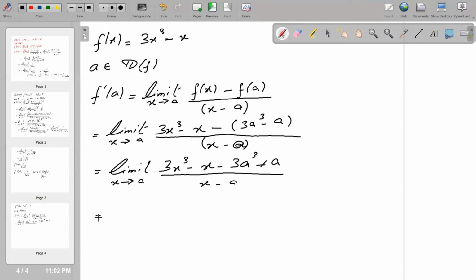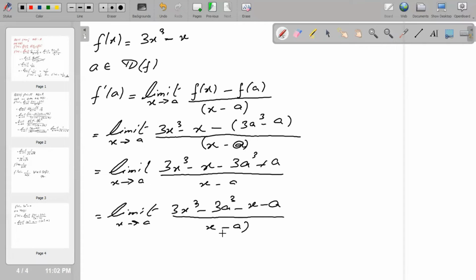Over x minus a. So just rewrite this expression: 3x cubed minus 3a cubed, and this is minus x plus a, divided by x minus a. Now we take common from these two values, and we will take common minus 1 from this value.